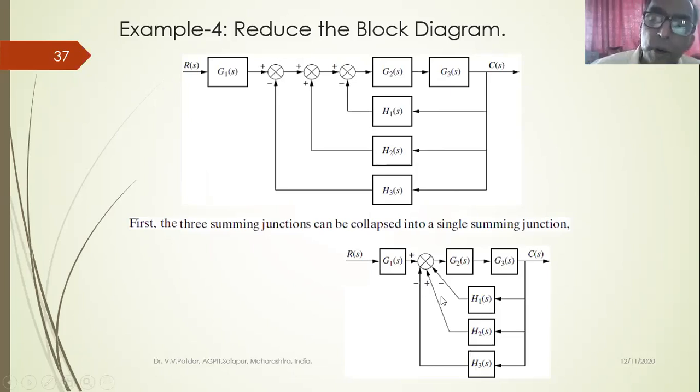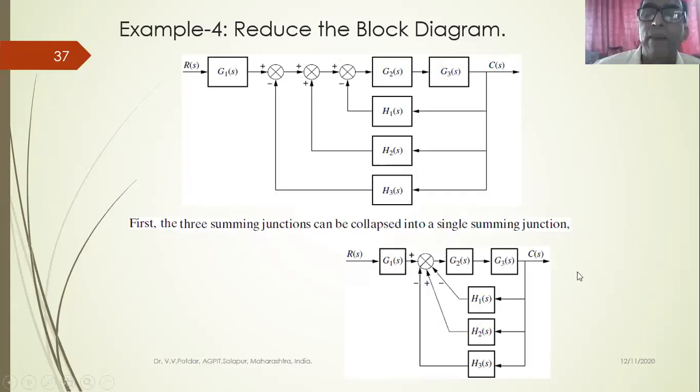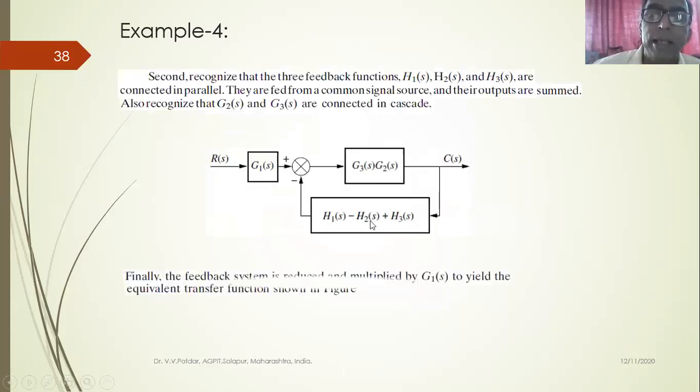Or I can put a negative sign here, and if I put a negative sign here, I can take H1(s) as positive. So once it goes to the summing point, it will automatically become negative. So I can sum it up accordingly. So what happens? See. So H1(s) minus H2(s) plus H3(s), and the negative sign is maintained. So just check the sign convention by referring to the previous block.